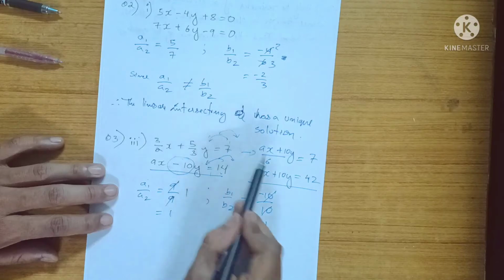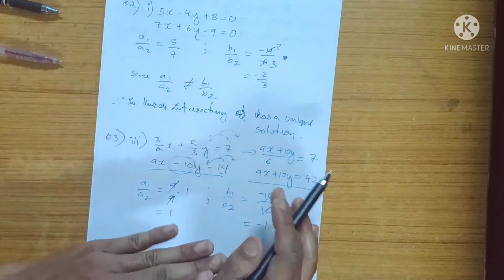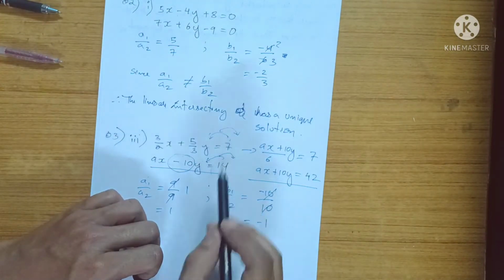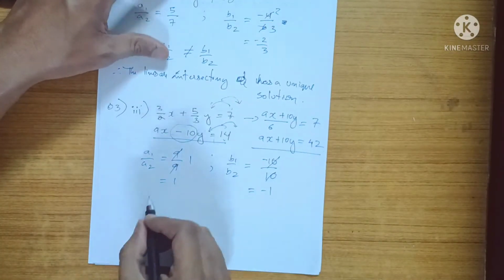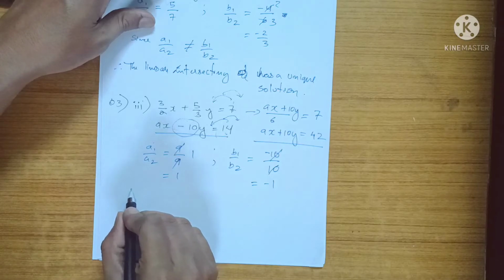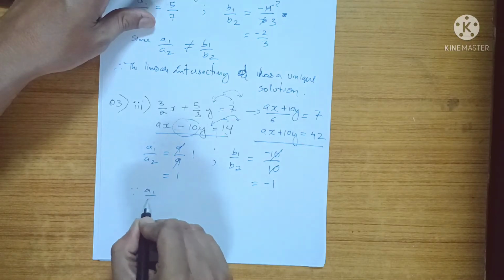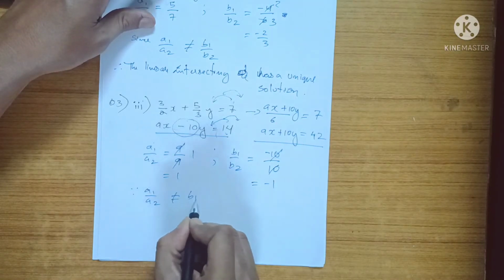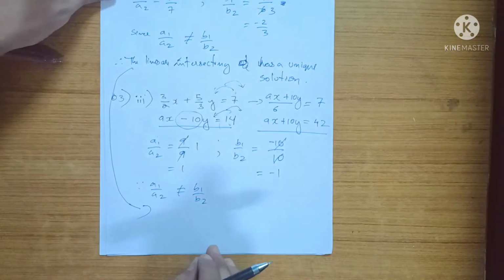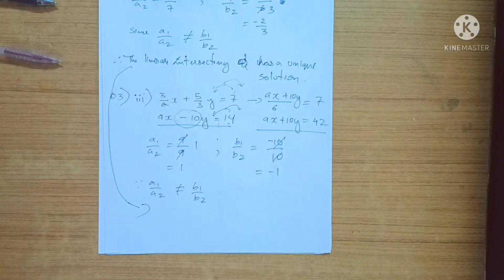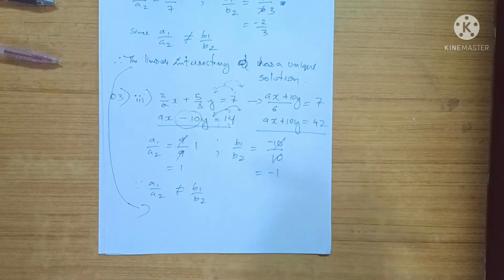It doesn't matter if it's this side or this side, but wherever the up one is there, the down one should also be there. Okay, if it's not there, you have to arrange it like that. So here also done. Since a1 by a2 is not equal to b1 by b2, same reason. Okay, the lines are intersecting and has a unique solution.